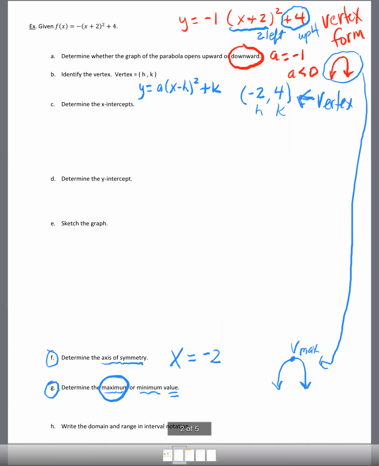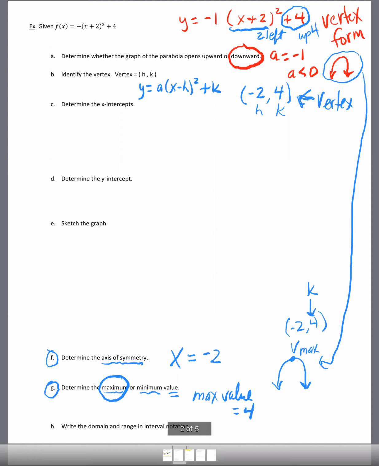Since the vertex is (-2, 4), the k value, or the function value, is always the second component. So that maximum value is going to equal the number 4. If they had asked us what is your maximum point, then we would have written (-2, 4).